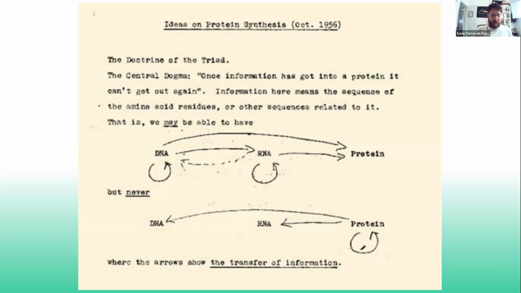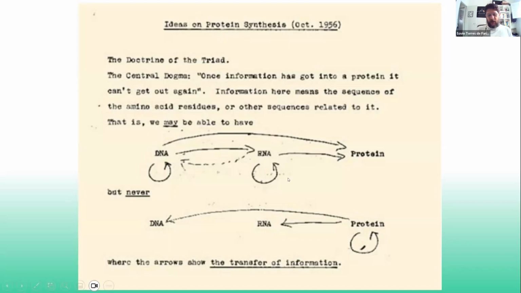In this paper, it's the first time that we had a proposition about the flow of information in the biological system. Crick proposed in this paper that the DNA can do self-replication, and the RNA can do self-replication.